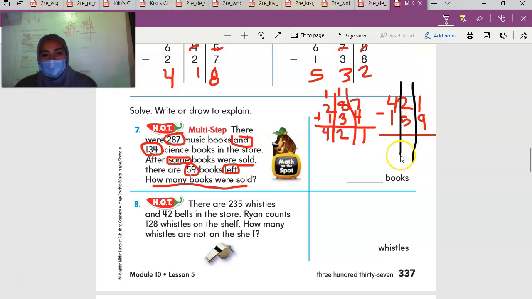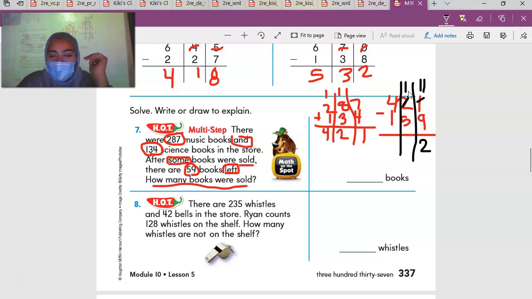1 take away 9. Can we do that? 2 becomes 1, and 1 becomes 11. 11 take away 9 is 2. 1 take away 5. Can we do that? No. Wait, hold on. Pause. Brain freeze. 1 take away 5. We can't do that. Am I going to borrow again from the hundreds place this time?